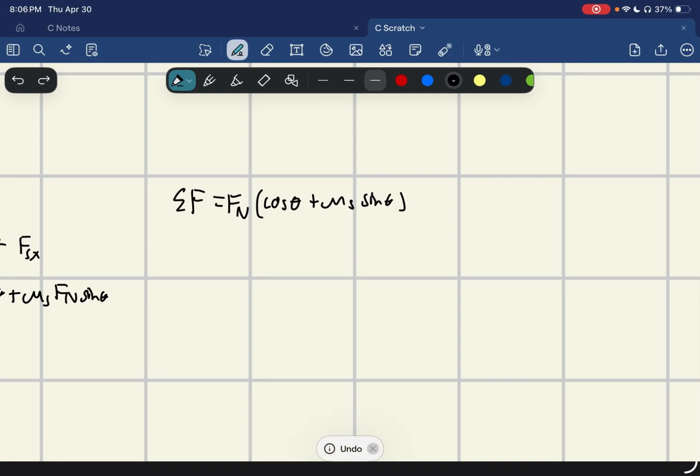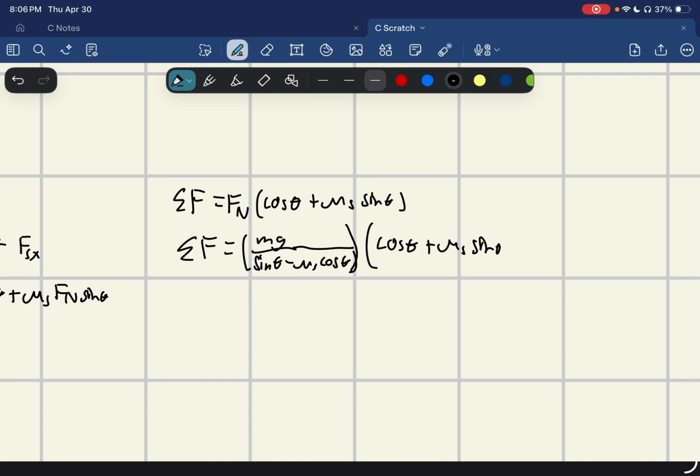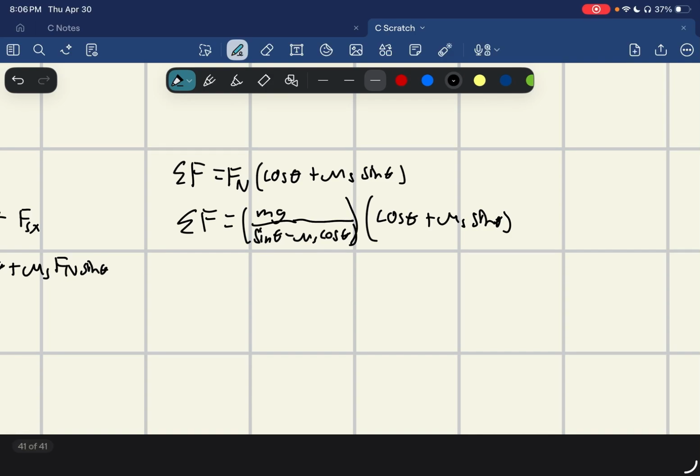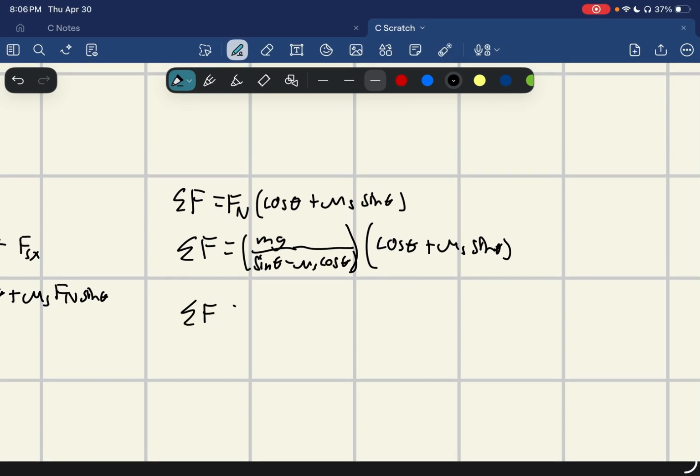So net force is equal to mg all over sine theta minus mu s cosine theta times cosine theta plus mu s sine theta, and then we can rearrange it to look like this: mg times cosine theta plus mu s sine theta all over sine theta minus mu s cosine theta.